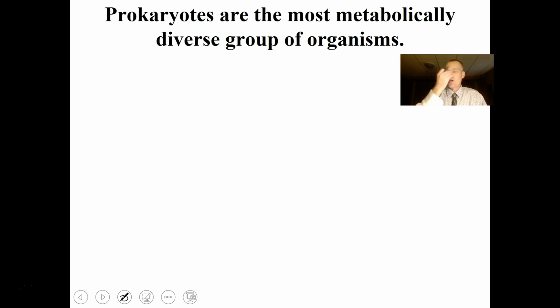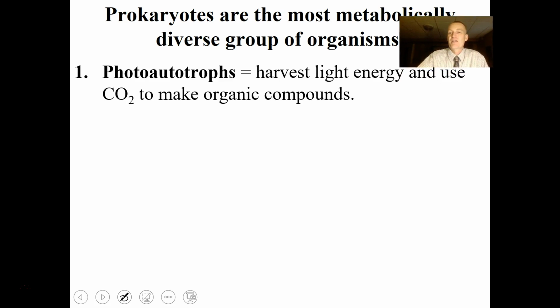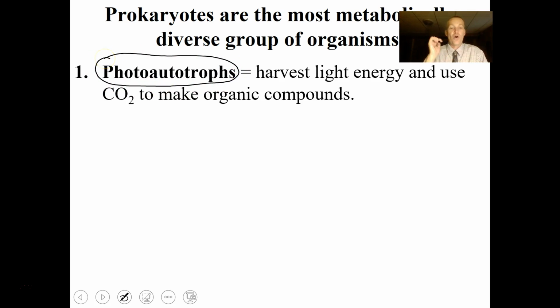Now, these prokaryotes don't just eat food; they have all different kinds of ways of doing their metabolism. Let me say that a little bit more clearly. We do have some prokaryotes that are photoautotrophs. These are organisms that harvest light energy and use carbon dioxide to make organic compounds. That's very similar to what you're familiar with as photosynthesis.